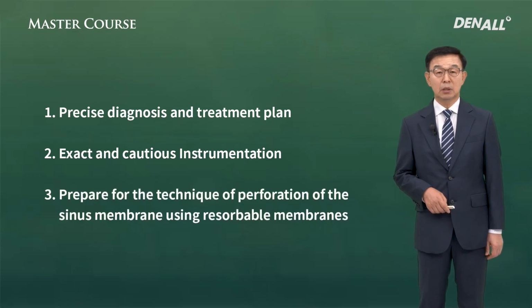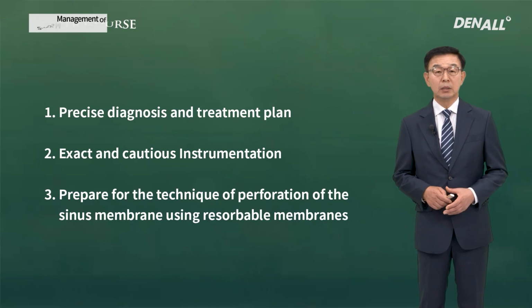At times, no matter how careful you are, sinus membrane can be perforated. In those cases, if you know how to use the resorbable membrane, you can use that in times of sinus membrane perforation. If you know these techniques, you can do lateral window approach safely and successfully.